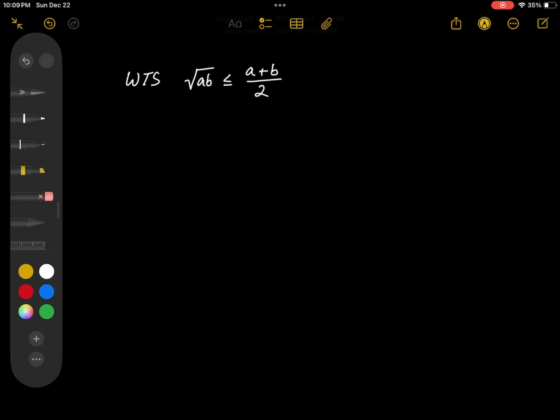So first, we're going to let A and B be positive real numbers. And we're going to let U and V be elements of the space R2, so they're going to be vectors.